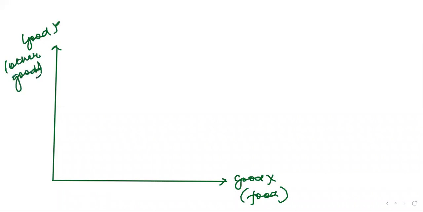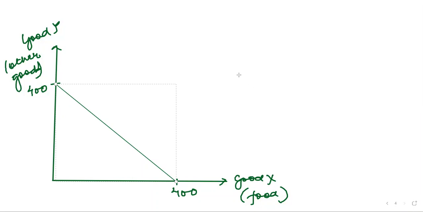If I want, I can spend all my income on food, nobody is stopping me. And if I want, I can spend all my income on other goods, nobody is stopping me from that too. If I join this line, this is my budget line.